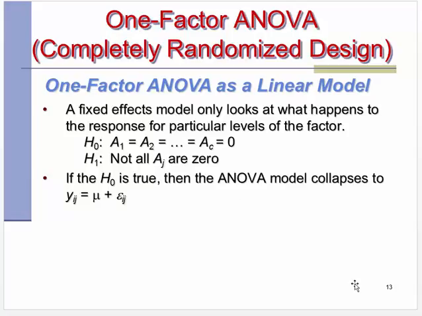When ANOVA is expressed as a linear model, the fixed effect model only looks at what happens to the response of a particular level of the factor.